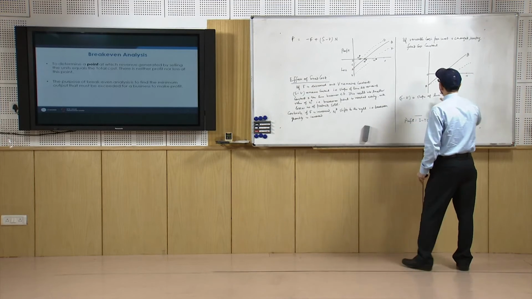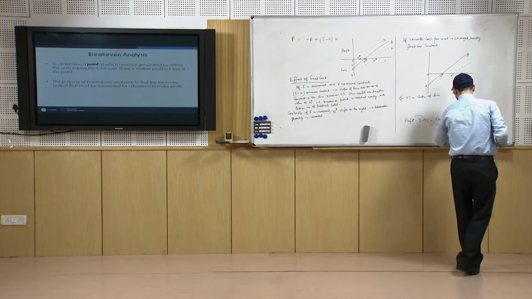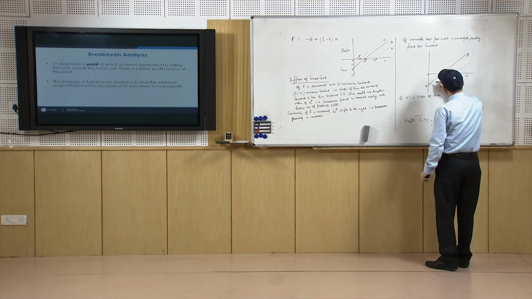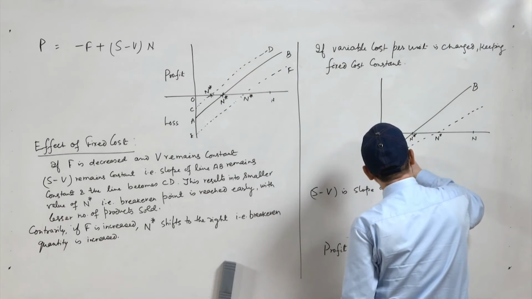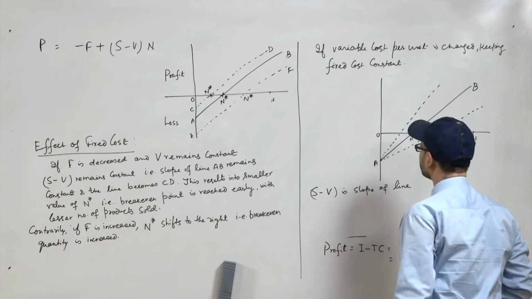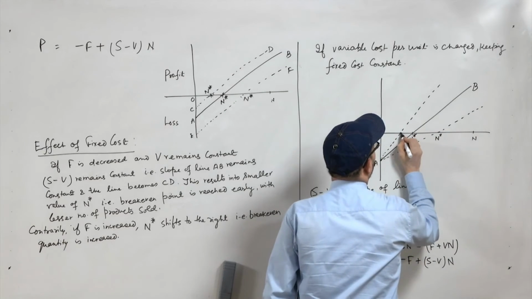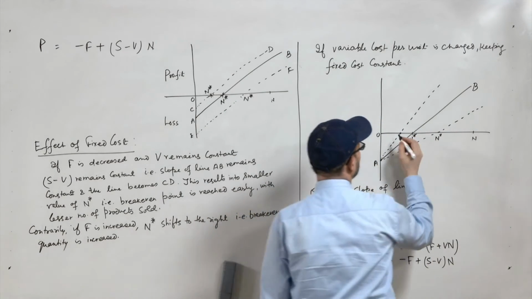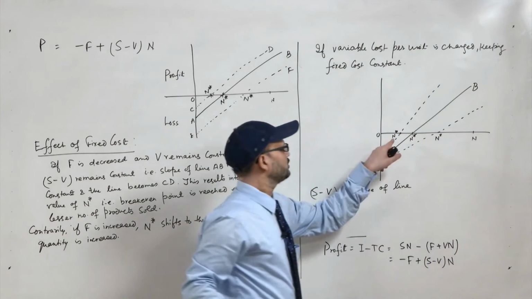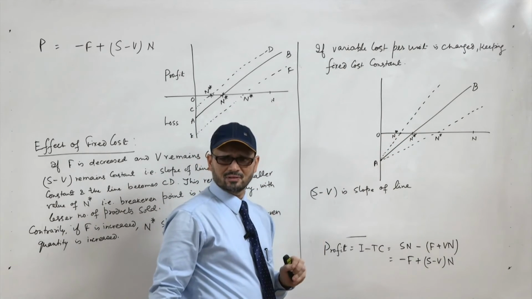Further, at the same time, if the variable cost is decreased, S minus V will increase, which will shift this line towards the left. So, your x axis is cut at this point, and your break even point is shifted towards left.